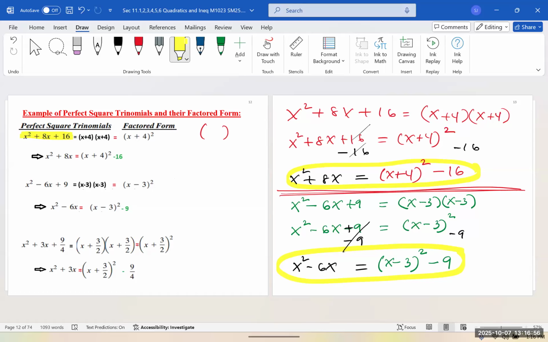If you want to simplify x plus 4 squared, that will not give you x squared. There's actually a very easy and visible connection.